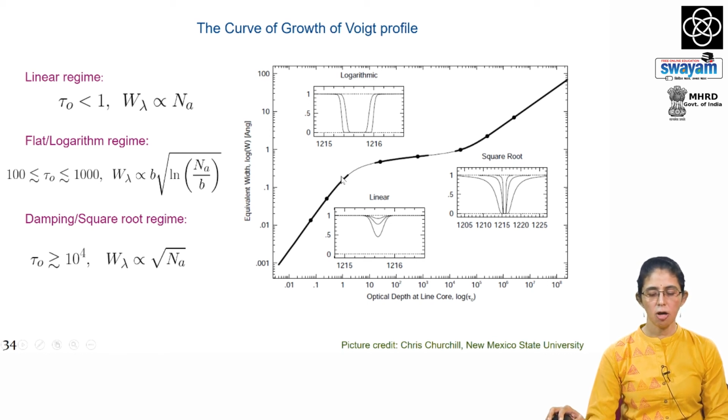And when the optical depth lies between 100 and approximately 1000, then the equivalent width is now proportional to the square root of ln of the abundance. For very large abundances, that is when the optical depth becomes much larger than 10,000, then the equivalent width is proportional to the square root of the abundance. So, if one can calculate the equivalent width of the line, this can directly be used to estimate the abundance of the species.